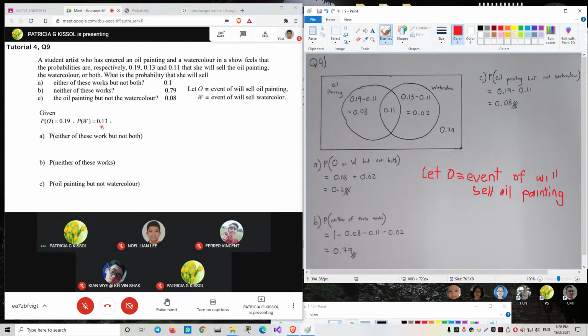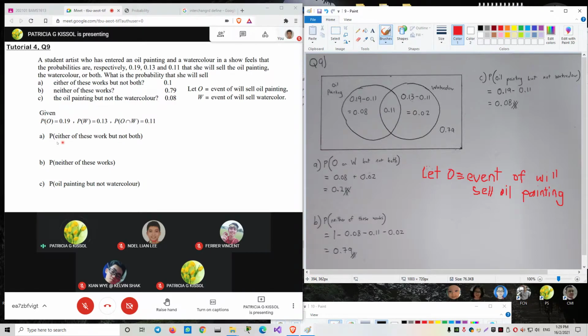And 0.11 is the probability that this student artist will be able to sell both of them. We write it as the probability of O and W.